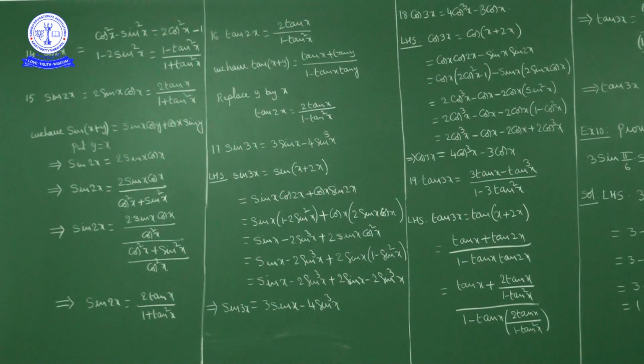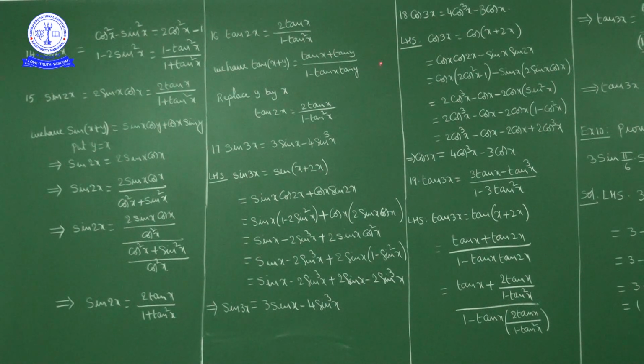But these are regarding multiple angle 2x. So sin 2x formula is 2 sin x cos x, also 2 tan x by 1 plus tan square x. Cos 2x is cos square x minus sin square x, that is equal to 2 cos square x minus 1, that is equal to 1 minus 2 sin square x, that is equal to 1 minus tan square x by 1 plus tan square x.